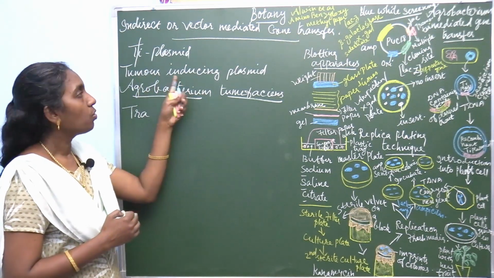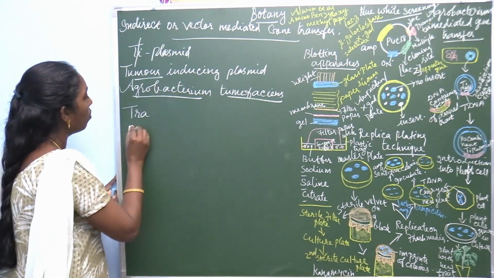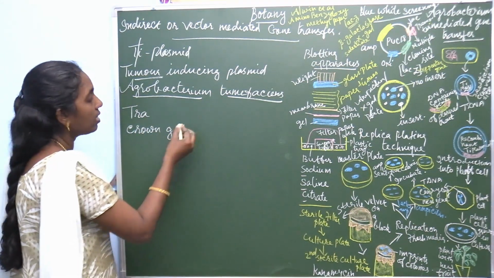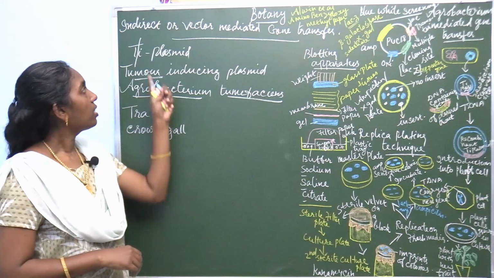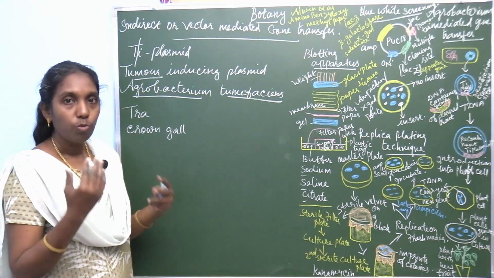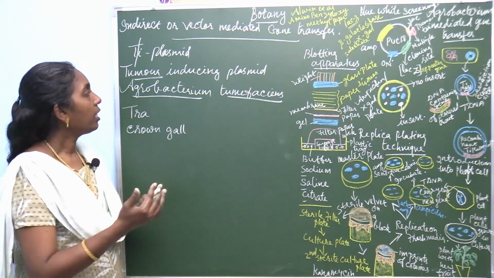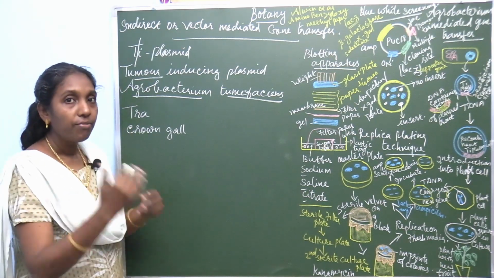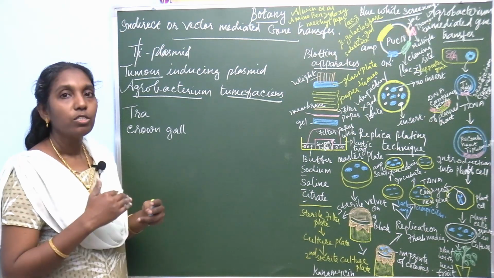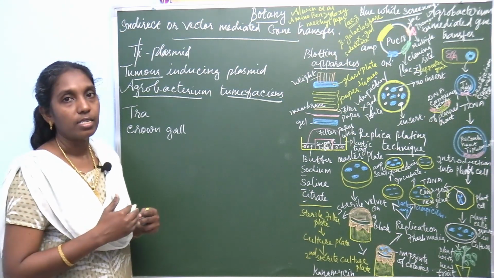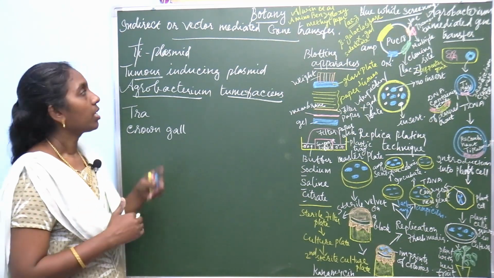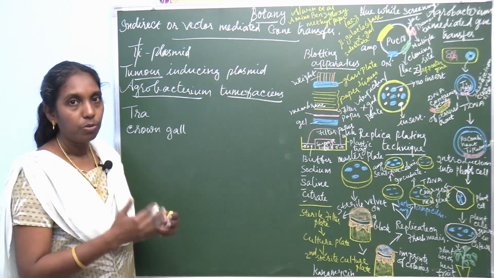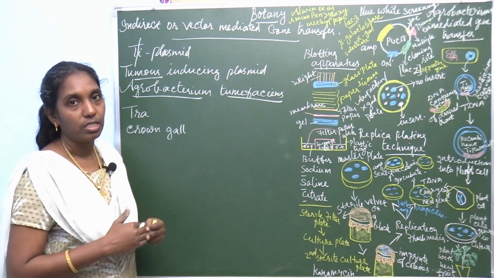It causes tumor, that is crown gall disease in plants. So it is an infecting, unwanted plasmid. It can be isolated. Naturally it infects the plant cell and enters through the wounded site. So this plasmid is extensively used in plant gene transfer.